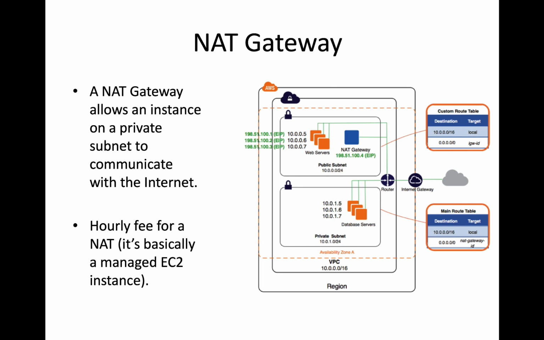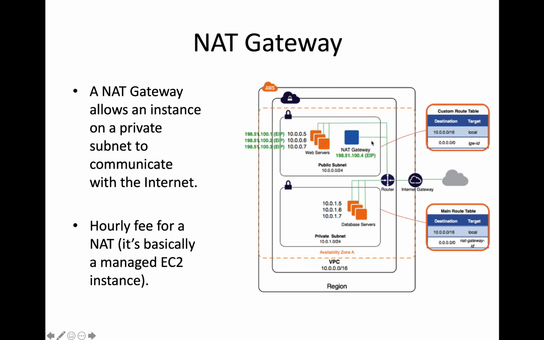Now, there are a couple things to think about here. One is that in order for the NAT gateway to route traffic out to the internet, the NAT gateway must be in a public subnet. It must be in a subnet which is able to route traffic out through the internet gateway.